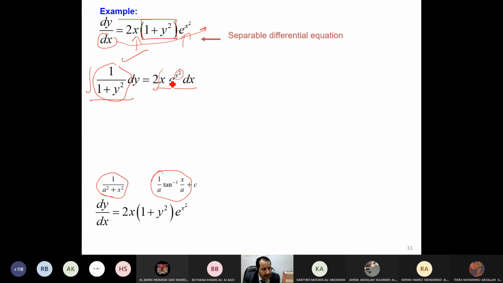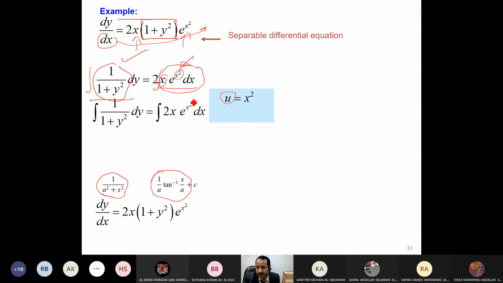Here I have x squared and I have x. Oh, I need to solve it by algebraic substitution. I will assume x squared here to be u and convert the whole expression into a function of u. It means differentiating will be du equal 2x dx.